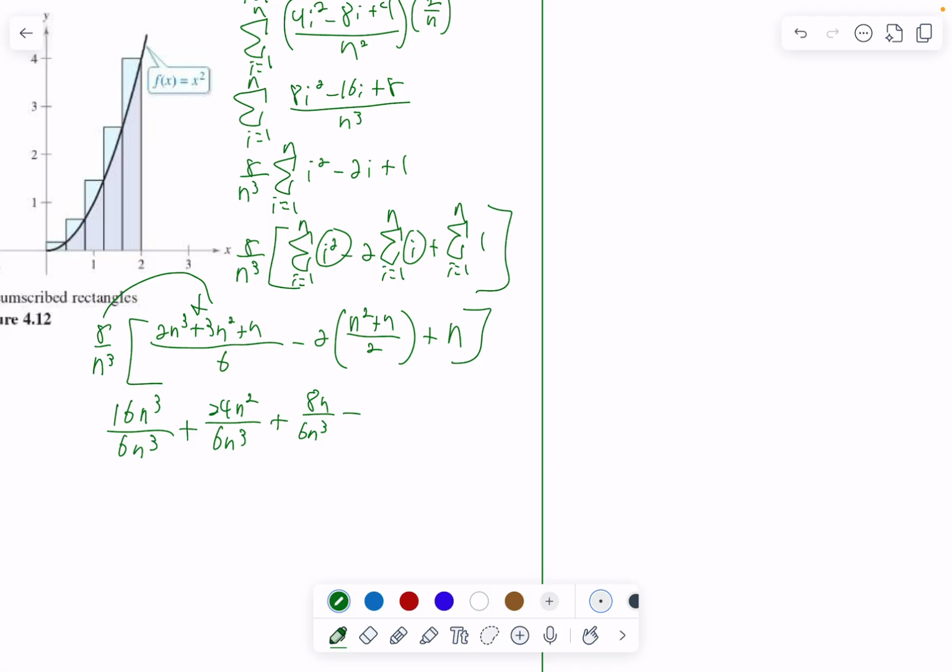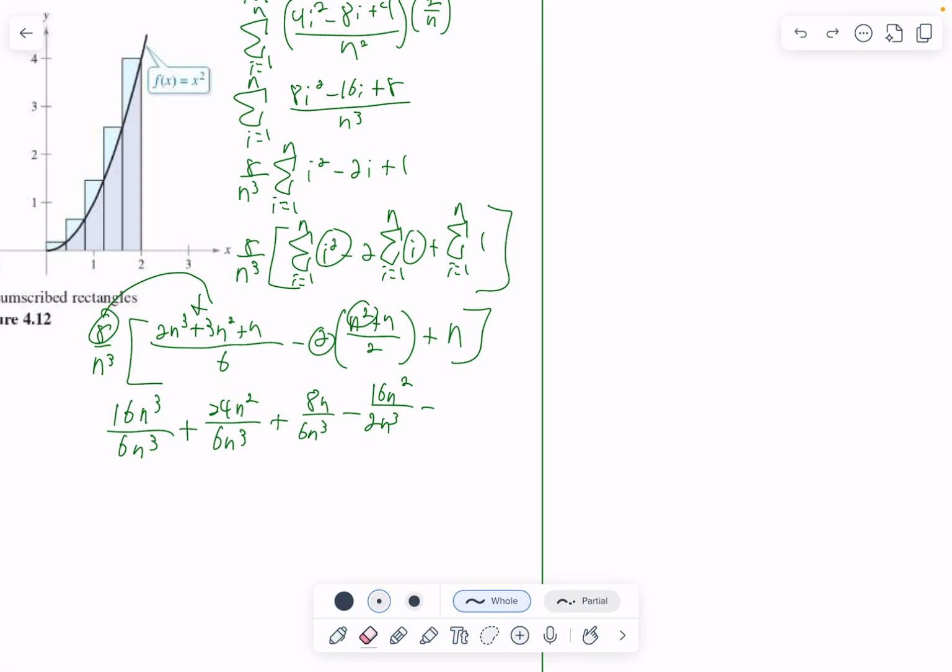Minus. I'm doing a couple things at once here. 8 times 2 is 16, so I'll have 16n squared over 2 times n cubed, which is 2n cubed, minus 8 times 2 times n.